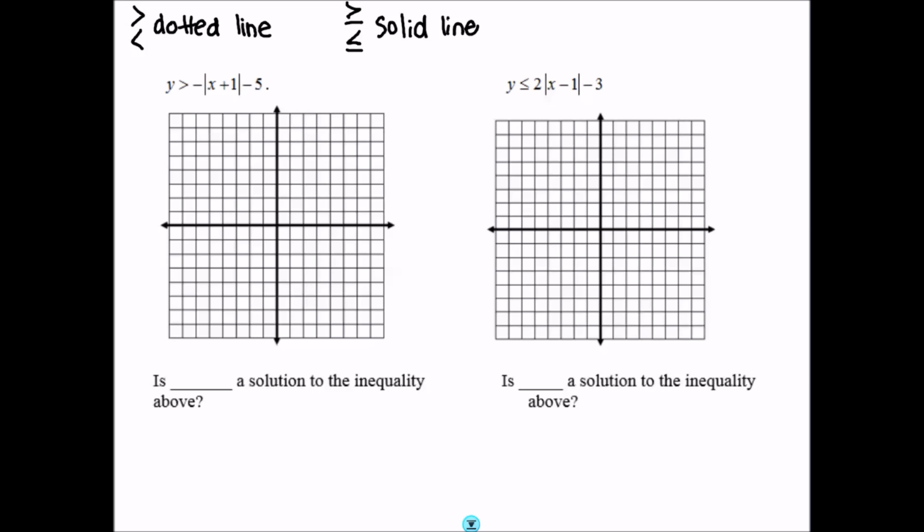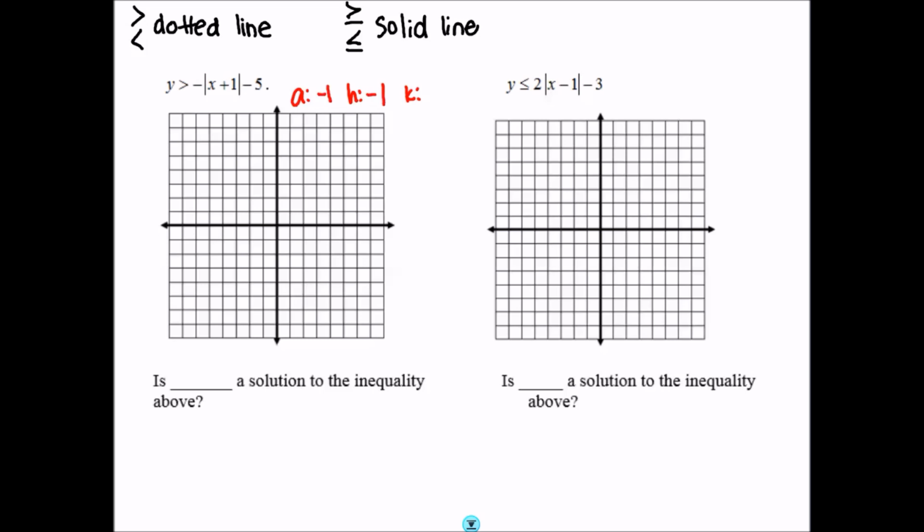The second thing you need to remember is that you also need to shade an inequality, which we'll look at in a minute. So, our first example here, we have the inequality y is greater than negative absolute value of x plus 1 minus 5. So if we look at a, h, and k again, a is going to be negative 1 because there's a negative in front of the absolute value bar.